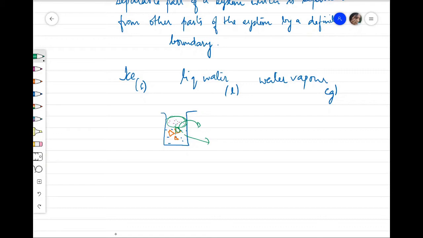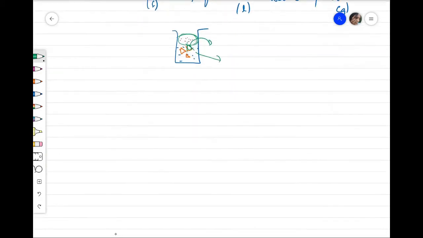Similarly, take another example. If water is mixed with alcohol, we see this commonly, right? You see it in movies and all that.